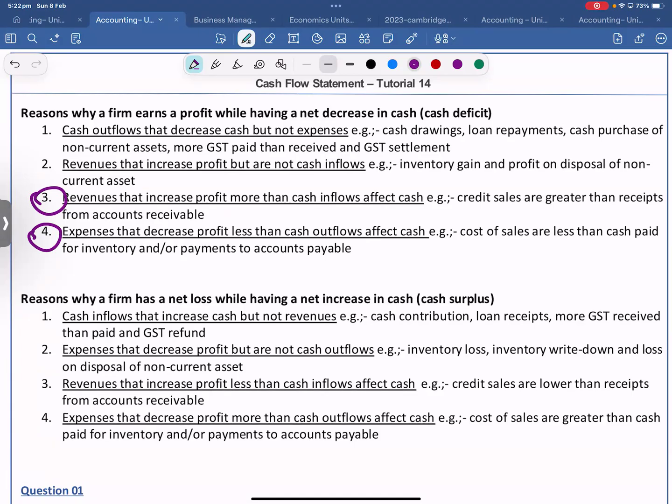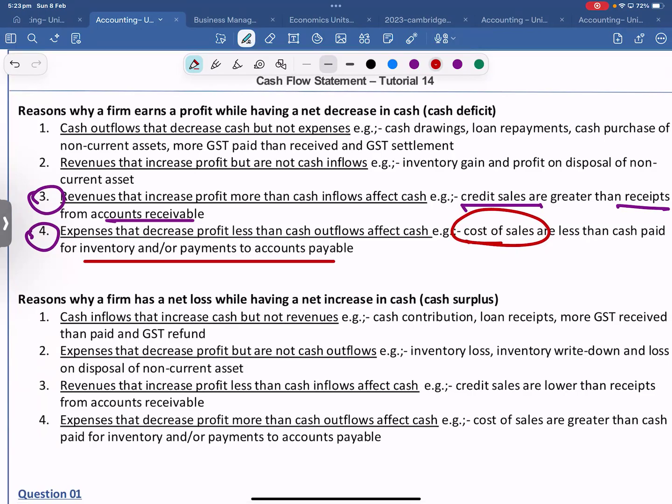So then you have to definitely compare, guys. This is actually quite simple. Trade sales and receipts from accounts receivable, you have only two items, but here you have three items. You have to compare cost of sales with cash paid to inventory and accounts payable. Sometimes you have only one item. So could you explain four? Four? Yeah, the last one. Yeah, sure.